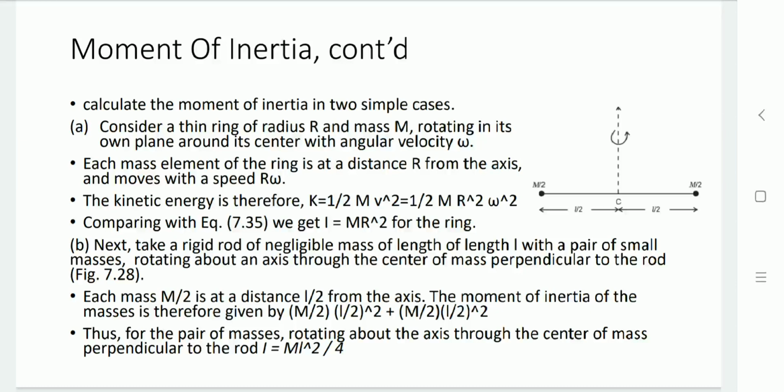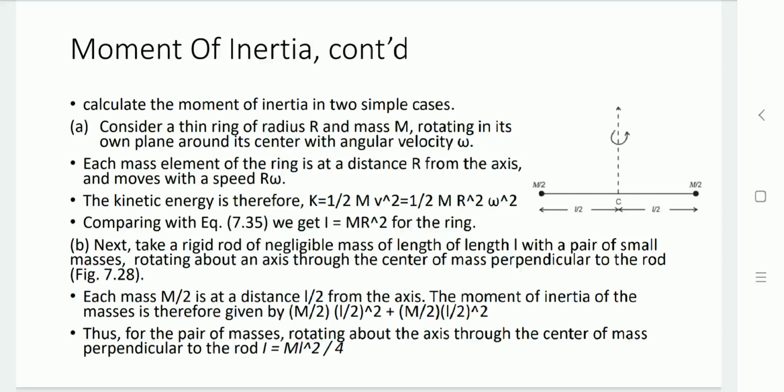Now let us take a rigid rod of negligible mass of length L with a pair of small masses, rotating about an axis through its center of mass perpendicular to the rod, as we can see in the diagram.